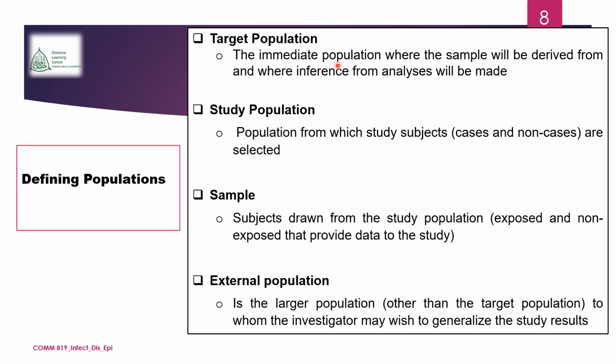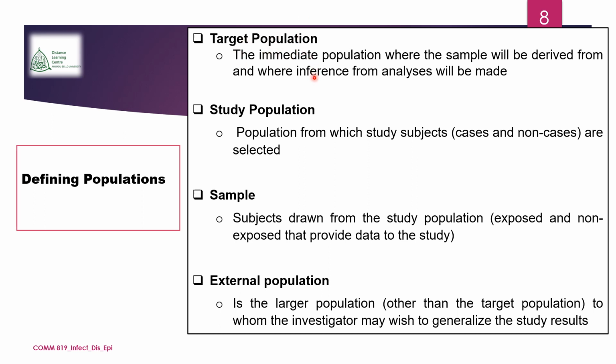Okay, so maybe your target population will be just individuals between 1 to 5 years. Okay, maybe for instance malaria usually is more prevalent in children within the age of 1 to 5. Okay, so they now become your target population.